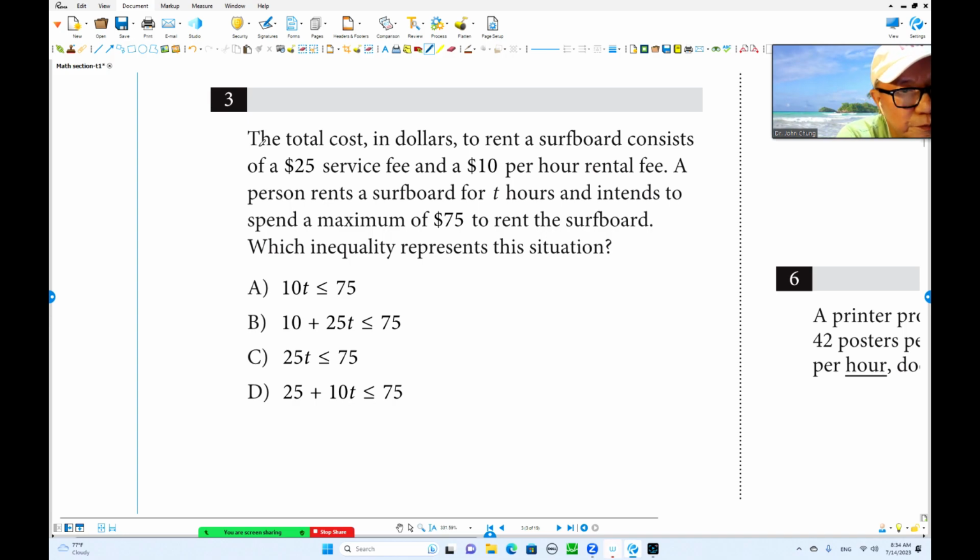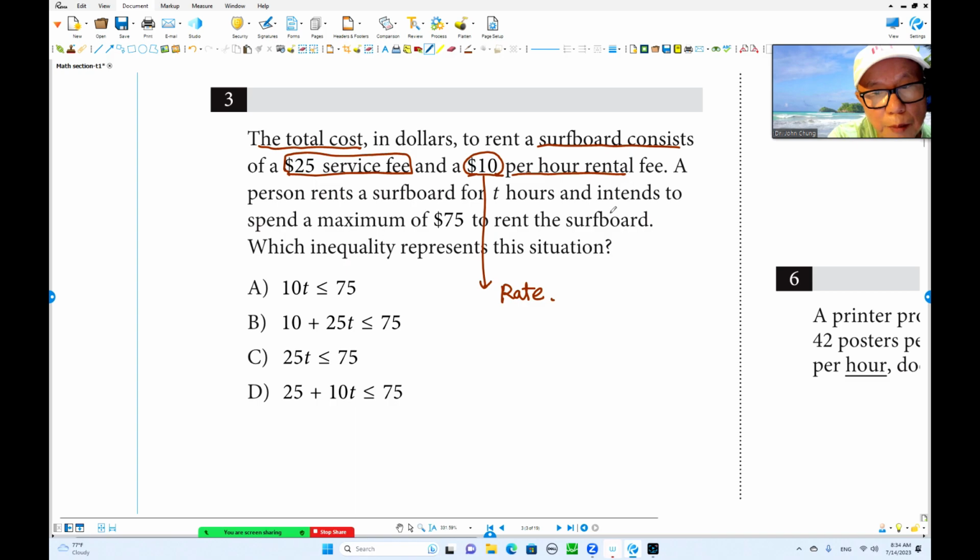Total cost in dollars to rent a board consists of a $25 service fee. This is a one-time fee. Plus $10 per hour rental fee. This $10 is called the rate.